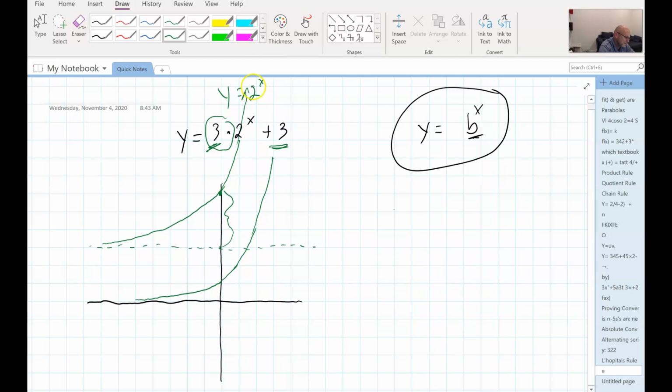You can see that this basic shape here is the same as that basic shape here. It's just been moved up, and it's a little bit fatter. Actually, it isn't the same shape. Well, I guess in relation to that it is, yeah. So there's an example of the transformations.